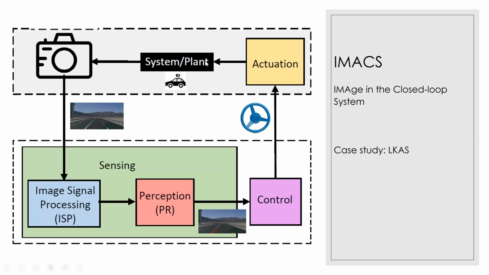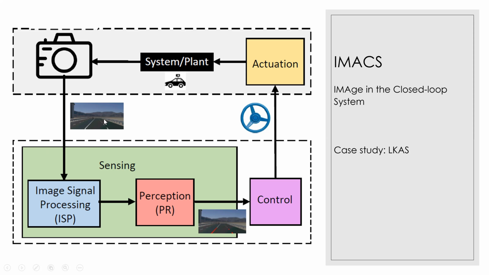So let's consider a system or a plant, and for lane keeping as a system, it's a car. There is a camera attached in front of the car, let's say somewhere here. The camera senses the road ahead, and there is a sensing and processing task which does image signal processing and perception.